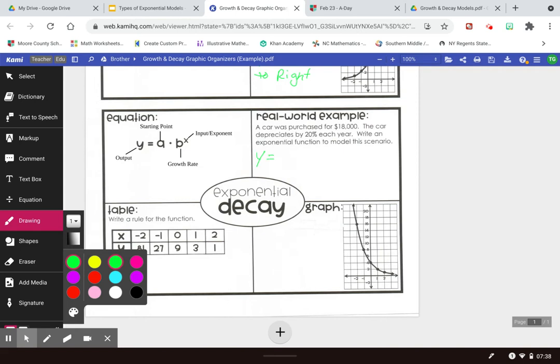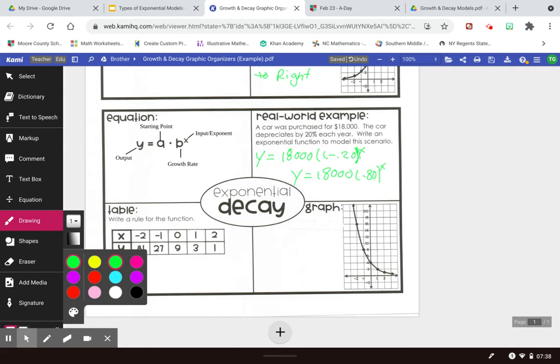So it's going to be y equals my starting amount, which is 18,000. And this time I'm going to subtract the percentage instead of adding it, and then raise it to the exponent. So that's going to equal y equals 18,000 times 0.80 to the x power. All right, and that is how you would compute depreciation, which is decay or a decrease in value.